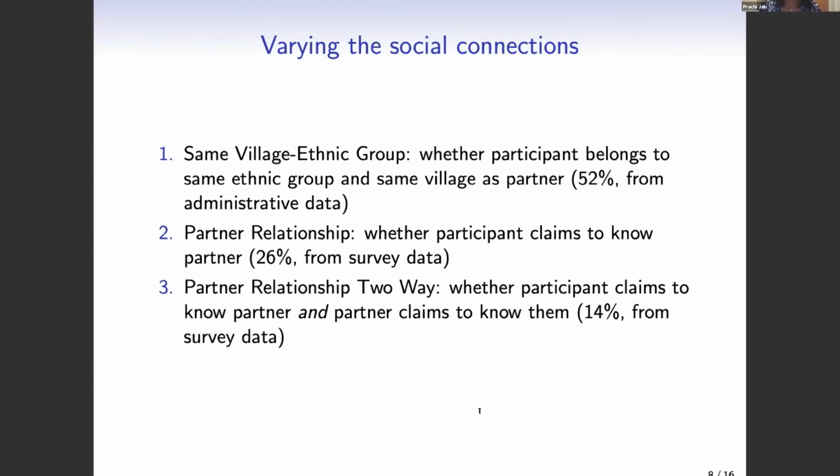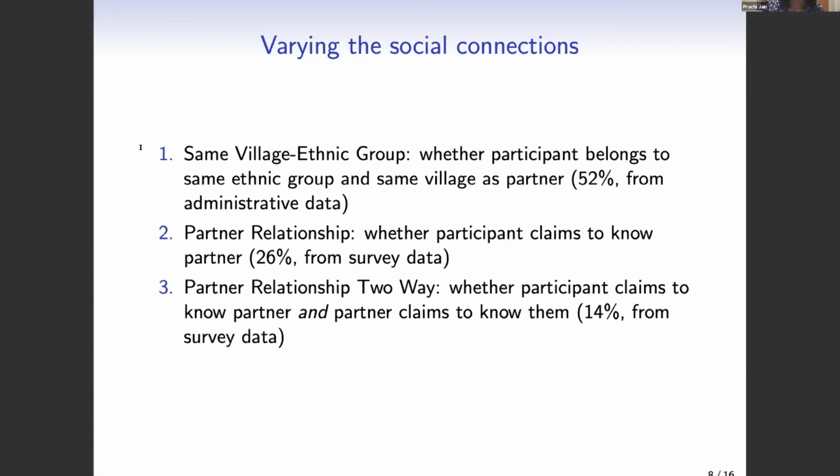The second measure is a two-way relationship, which is not only do I claim to know my partner, but they also claim to know me. Here, 14% of individuals have this relationship with their partner. Since I'm going to present results for all three of these, you should think of this as increasing types of social connections.